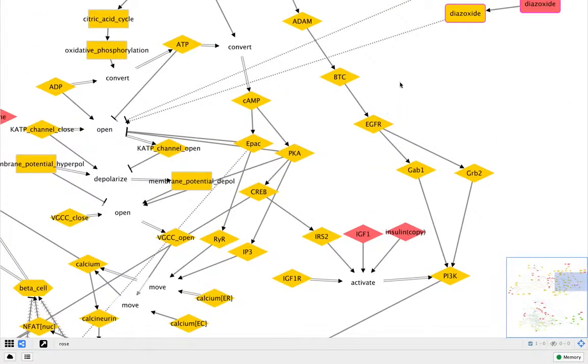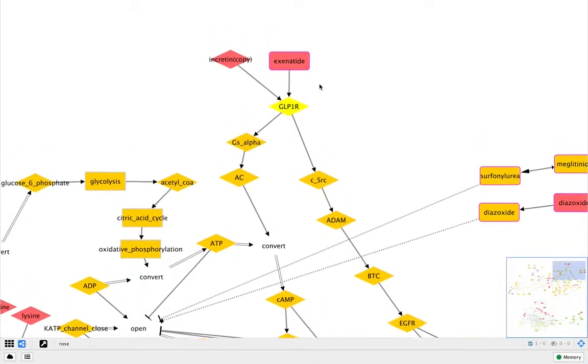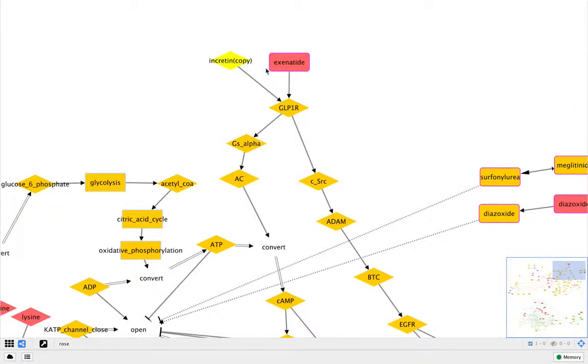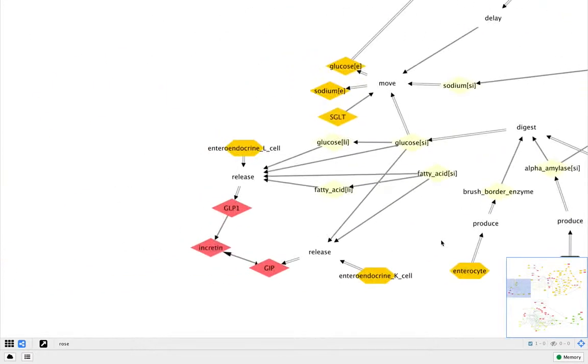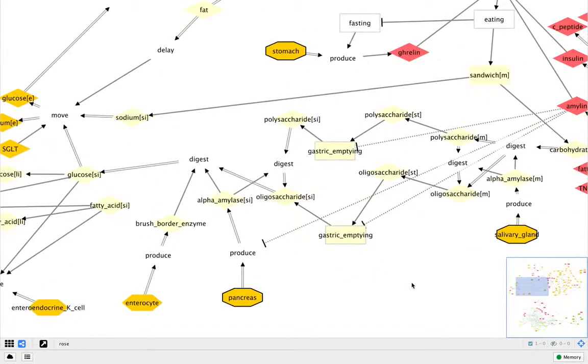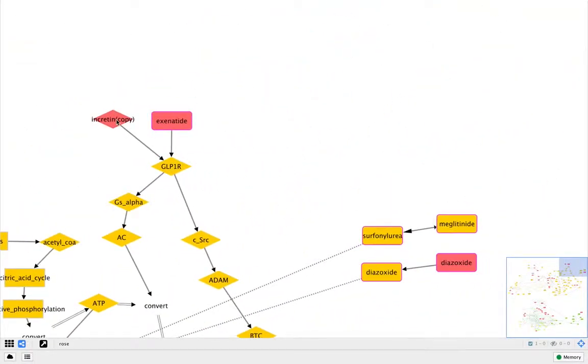And also another mechanism is present. The GLP-1 receptor is activated by incretin. This incretin is the same incretin produced here. So the GLP-1 or GIP is released by enteroendocrine L cells or K cells. This incretin moves via the blood vessel to reach here, or the exenatide, which is a drug, activates the GLP-1 receptor.